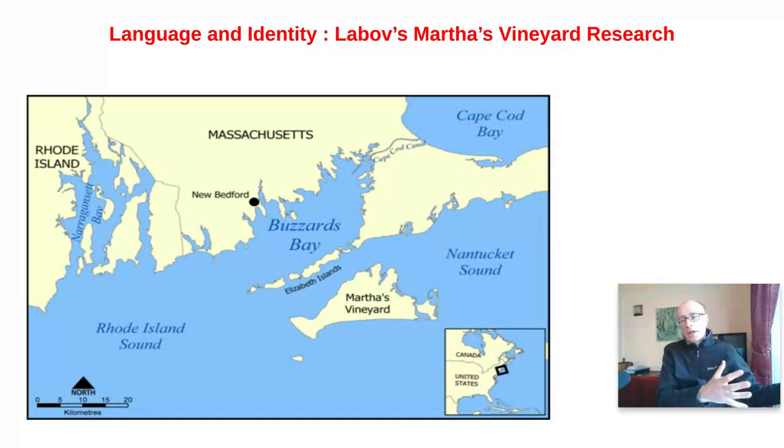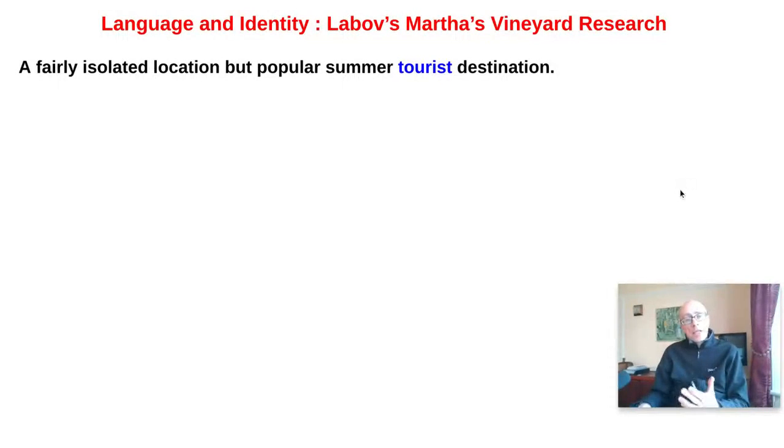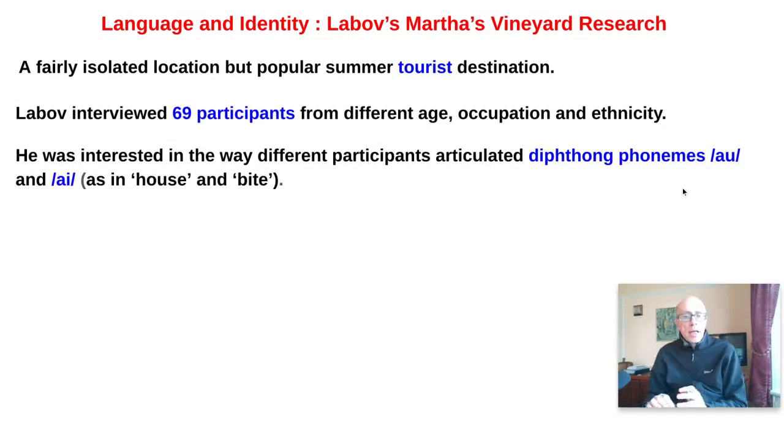And then you've got this transient population that moves there over the summer. So it was interesting for Labov in terms of language and identity, particularly the impact that the summer visitors had upon the language of the people who lived and worked there all year round. Okay, so as I said, it's a fairly isolated location, but it's got this popular summer tourist destination.